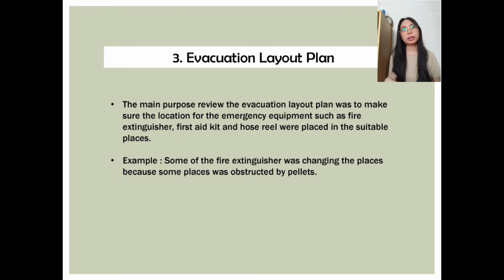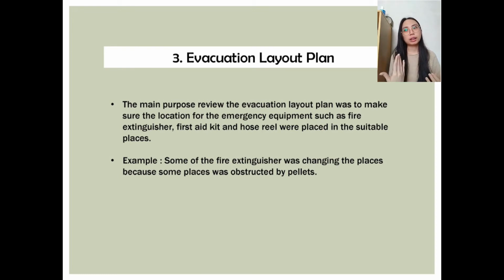During this survey in the factory, I saw that some of the places where the fire extinguisher is kept had obstructions from pallets. The pallets are used to put the pistons and everything after production, before they send them to the supplier.